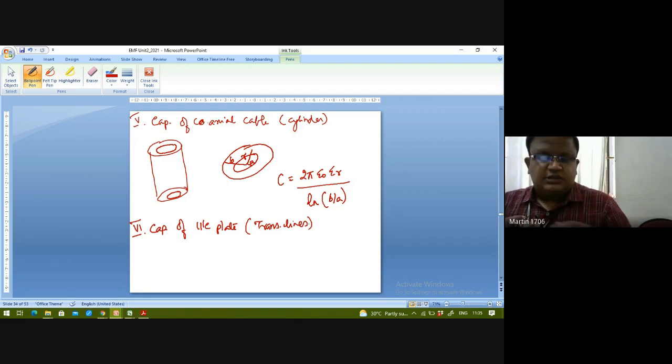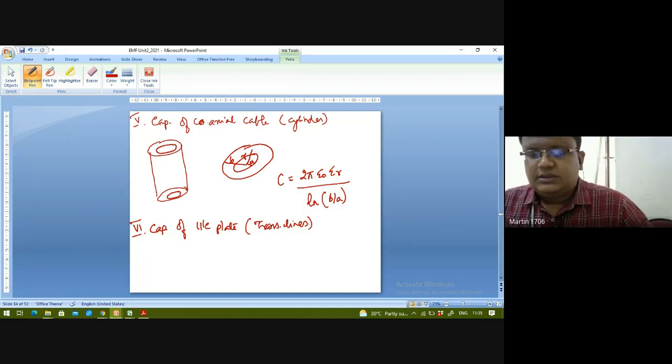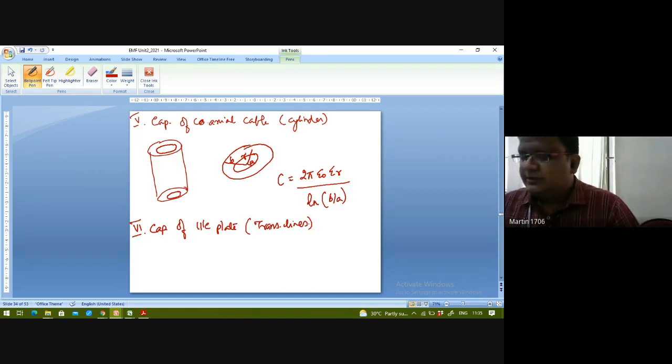What is meant by a transmission line? A transmission line is one which connects the transmitter and the receiver, whether it is a wired or wireless medium, whatever it may be. But we mostly prefer the wireless medium.